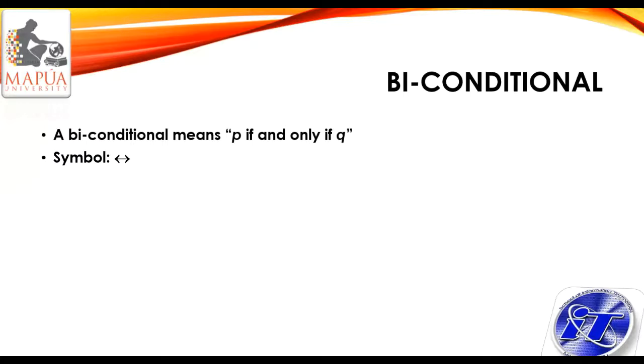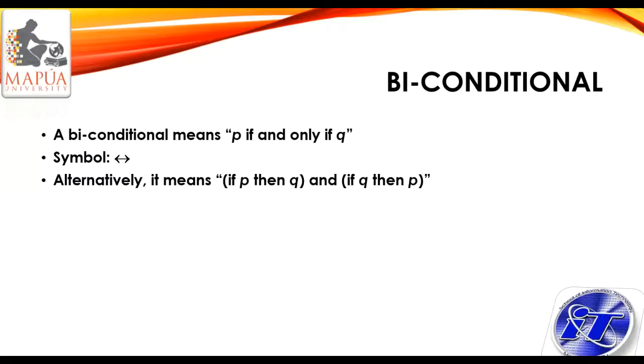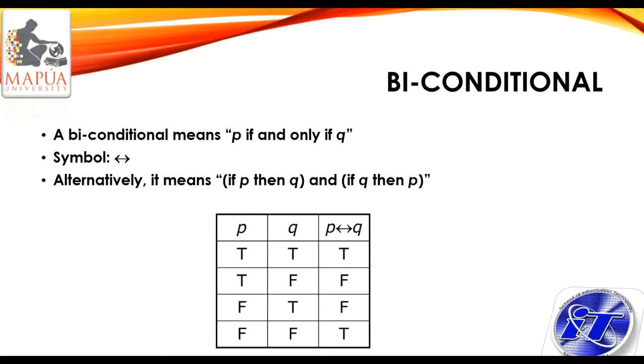So how do we determine if the statement is true in biconditional? If both P and Q have the same value. Both true or both false, the statement will be true. Otherwise, the statement is false.